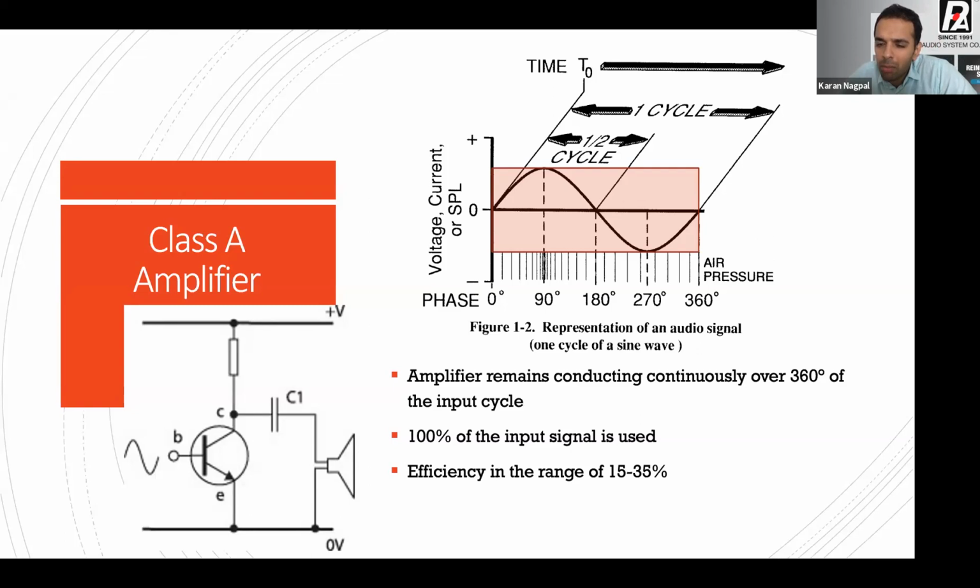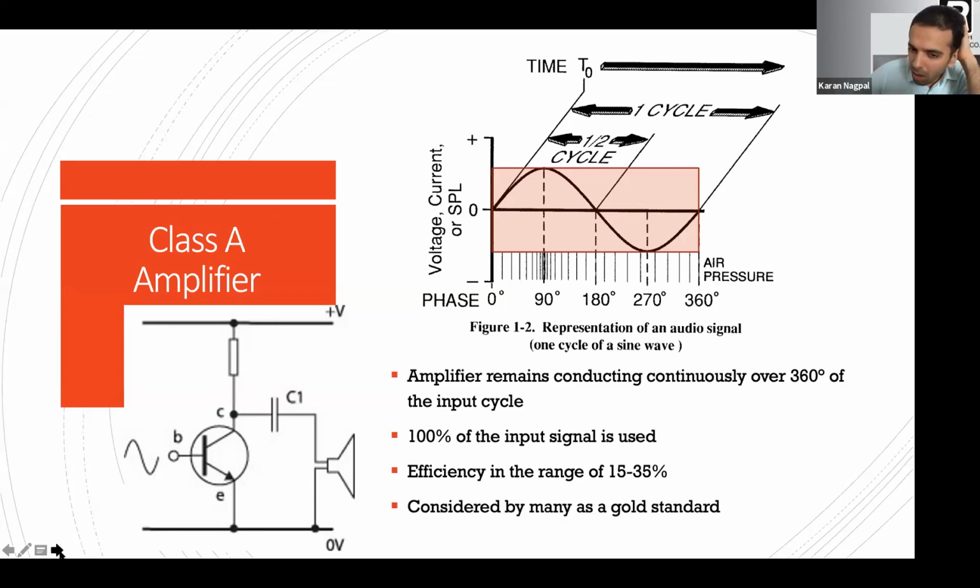But I've not really compared a class A amplifier with other amplifier classes that exist today. I'm more than happy to check class A amplifiers, but a lot of home enthusiasts swear by them, and I've actually written that it's considered by many as the gold standard.